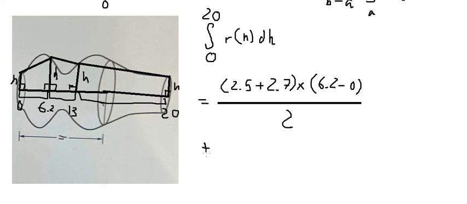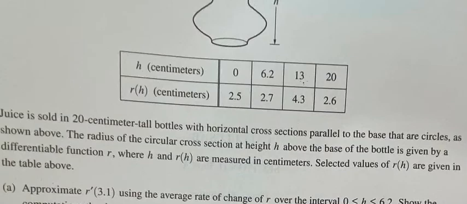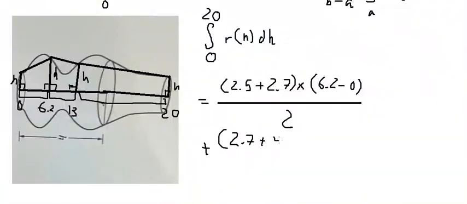Now let's go to the second one. We do the same. So that should be about 2.7 in here, plus the value of number in here, that's about 4.3. And then the difference between number 13 and 6.2, we divide by 2.